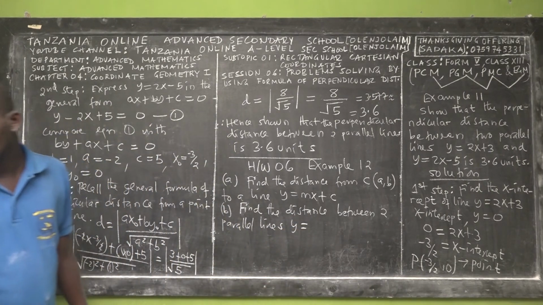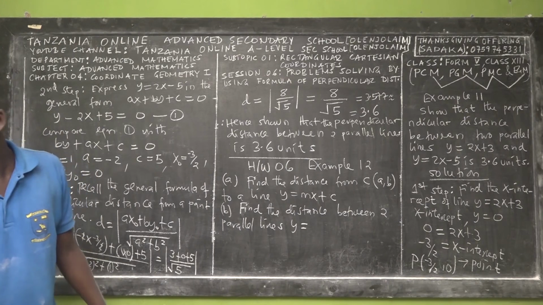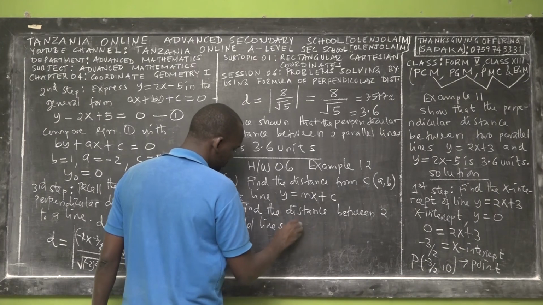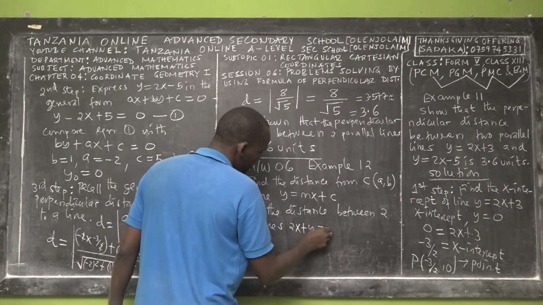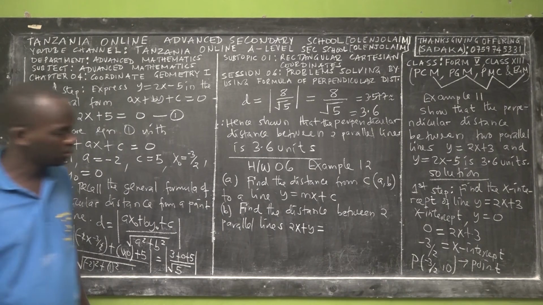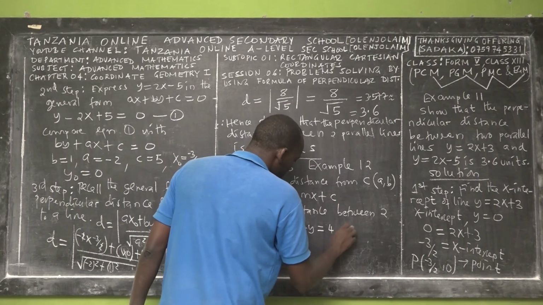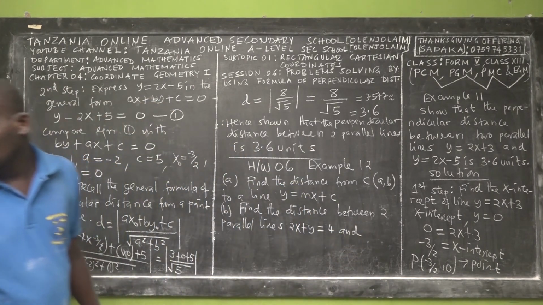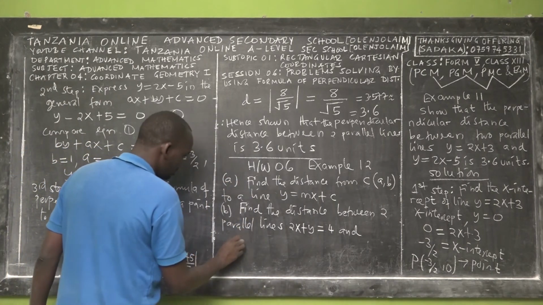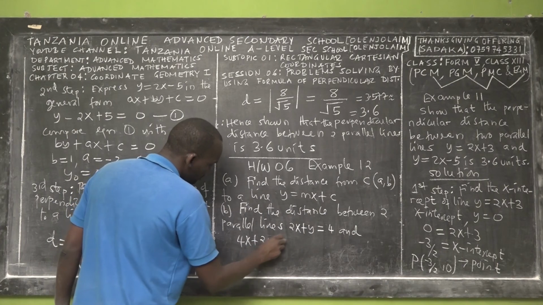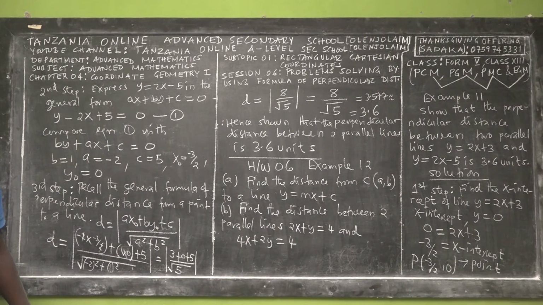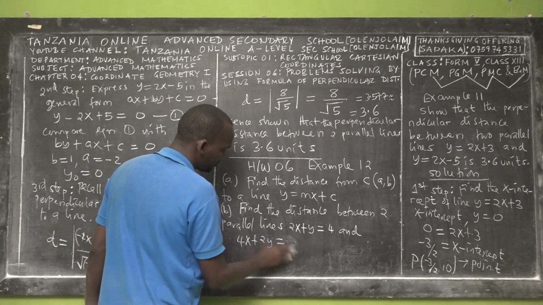The first line is 2x plus y equals 4, and another line is 4x plus 2y equals 2.